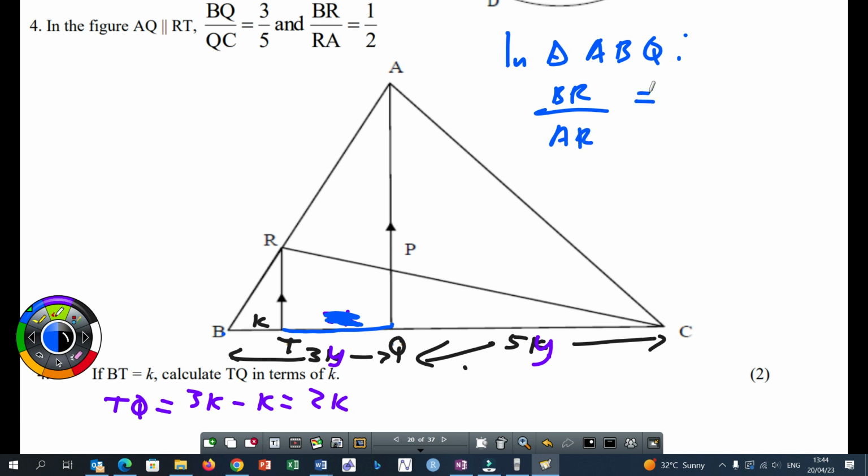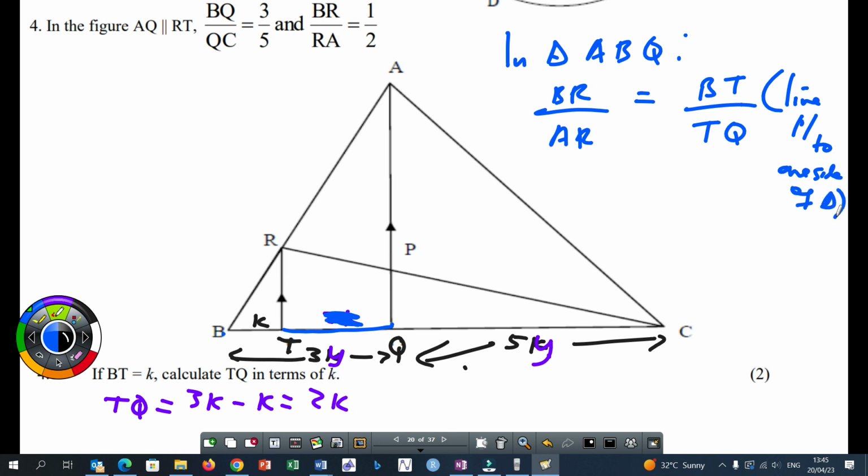It's your choice to decide which one is your numerator and which one is your denominator. That will be equal to BT over TQ or QT. Then here you have to give your reason: line parallel to one side of triangle.